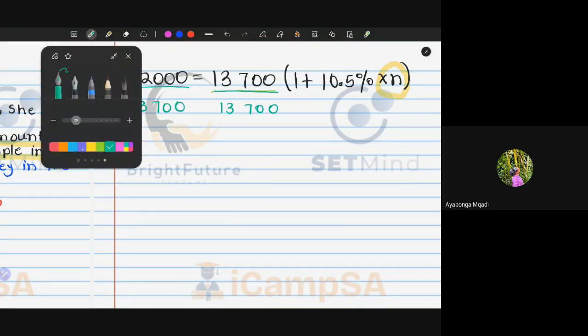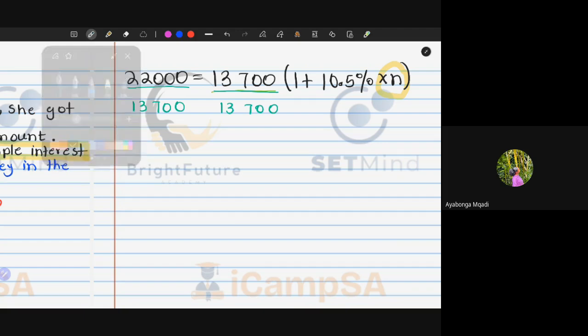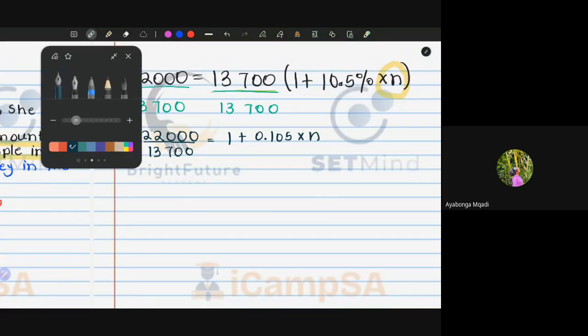So this means that what we have will be 22,000 over 13,700, and this will be equal to 1 plus, and 10.5%, if you remember, guys, in percentages, should be 0.105. So we'll have 0.105 times N. Is that correct? So 10.5% is 0.105.